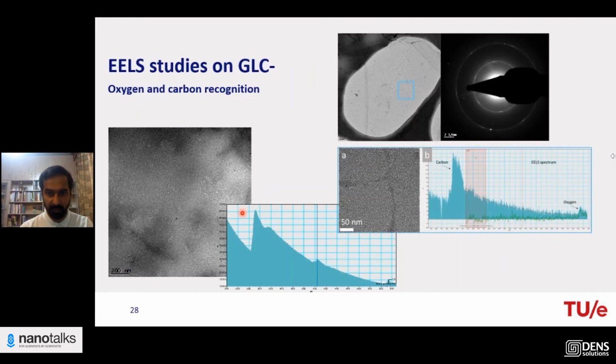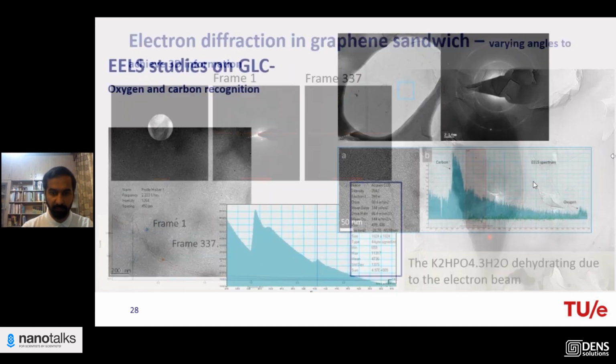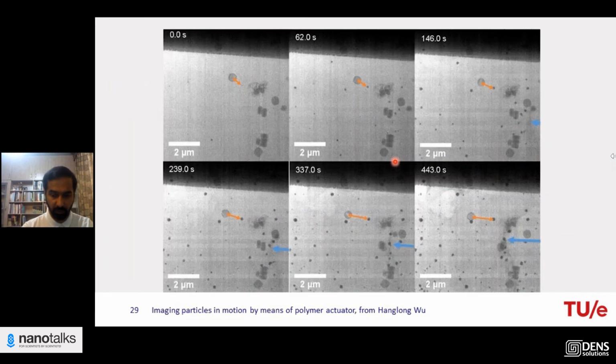You can simply check your sample for the oxygen signal to make sure what you see here is actually the water inside the material. I want to show you something here, a very important experiment from Hanglong Wu.